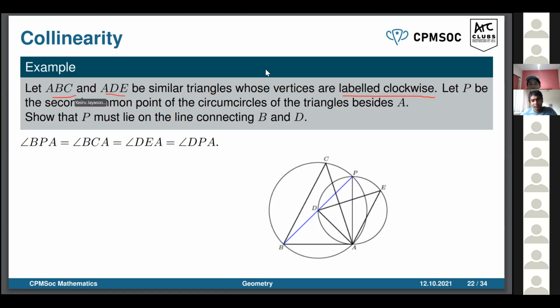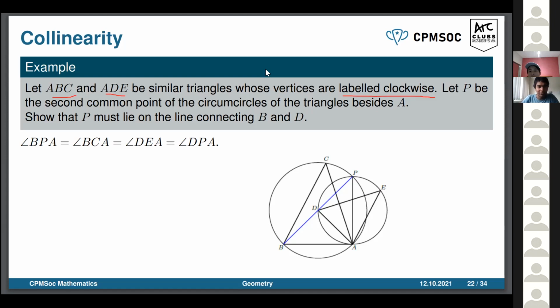So you can rotate and stretch one triangle to get the second one. But if they weren't oriented in the same way, then you would need a reflection as well to get from one triangle to another. And if the triangles were oriented in different ways, the angle chasing doesn't quite work. So the problem turns out to be false.